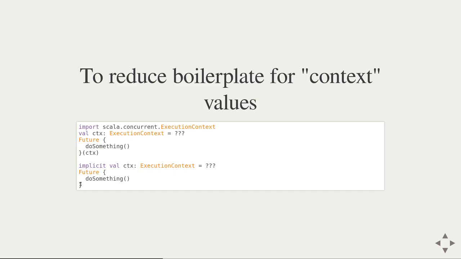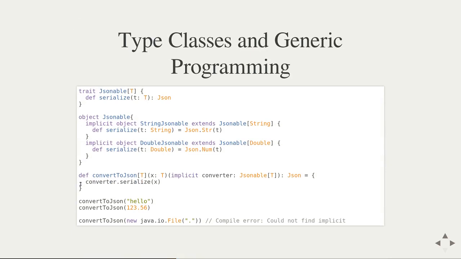So again, that's the warning to not do it so much that it becomes obscure and opaque and hard for other developers to follow. Another, and probably the most powerful, use of implicits is type classes, which are common in other functional programming languages.